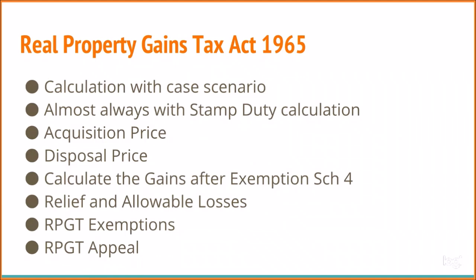Then the other area of tax that is related to property is the real property gains tax. So real property gain tax is usually asked in a scenario question. Usually they need the calculation for subject A sales to subject B, and then subject B passes on to subject C. Sometimes on a deceased who passes on the property to their descendant.